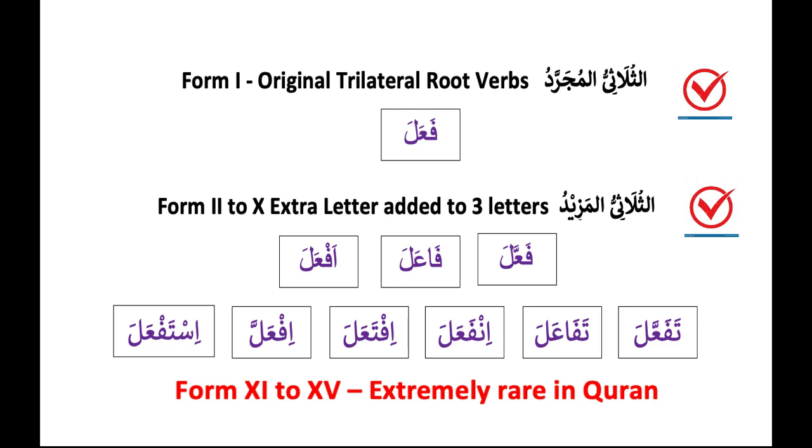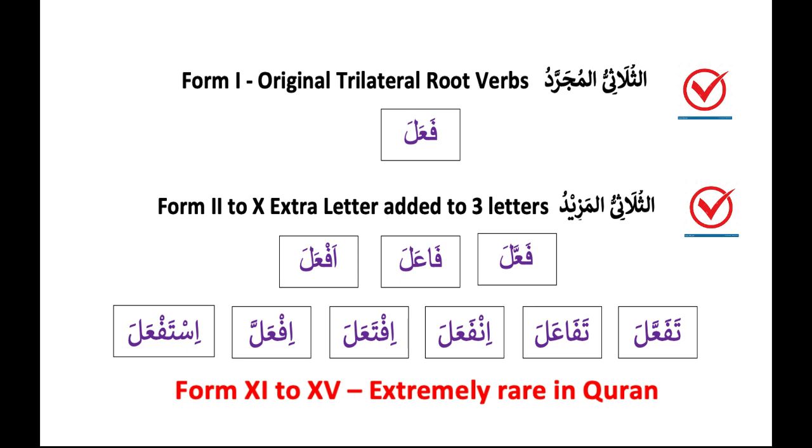So, as-sulasiul mazid means from 3 letters it is increased, it may be 4 letters, it could be 5 letters, it could be 6 letters. They all will be called as-sulasiul mazid. So it is important at this stage to really understand these two terms and remember.